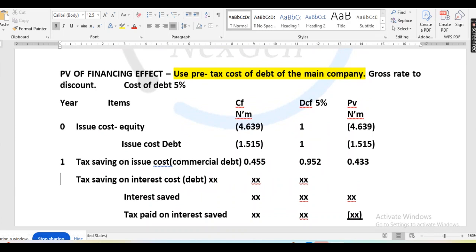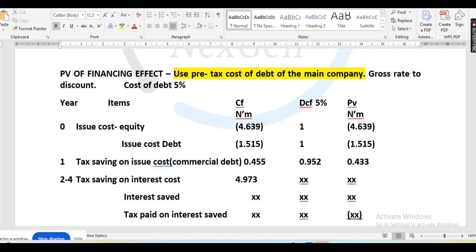So if you want to check it, you can go. Sorry, give me the figure again. 4.973. So I hope we know how to do this.